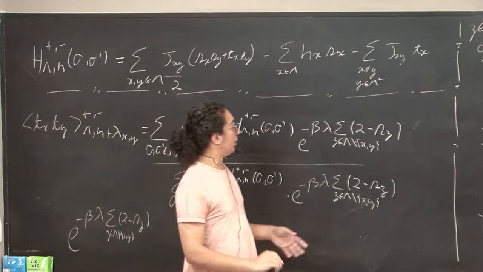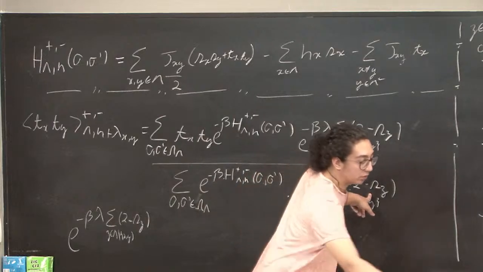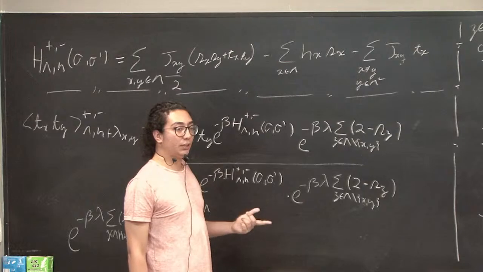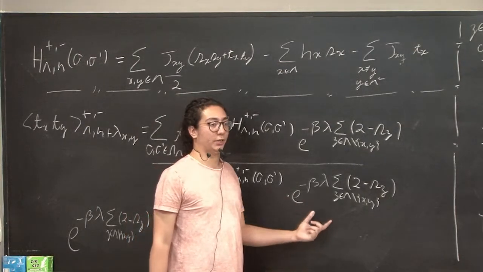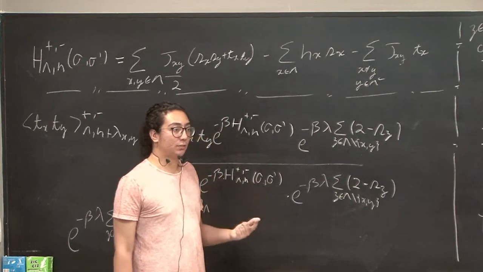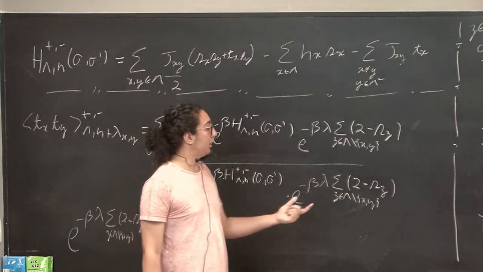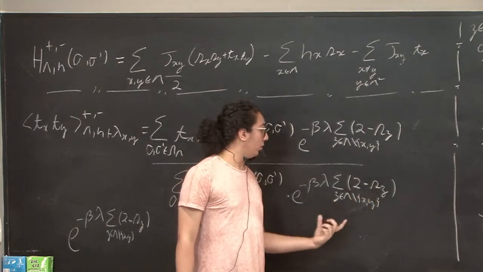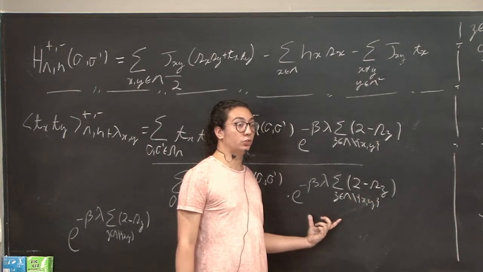So when s z is 2 for all z's, this thing is going to be constant, because this is going to be 0. If for some site s z is not 2, then all this term is going to go to 0.